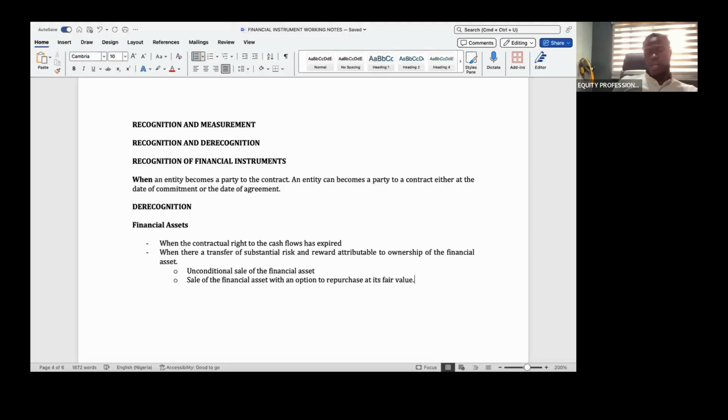This too shows that you have transferred risk and reward. When you sell your financial asset, when you sell your shares, for example, or you sell your treasury bills, that means you have transferred risk and reward. Then remove it from your books.